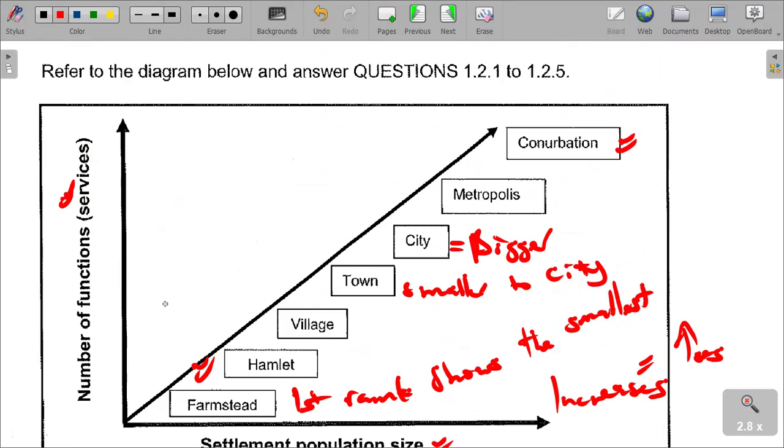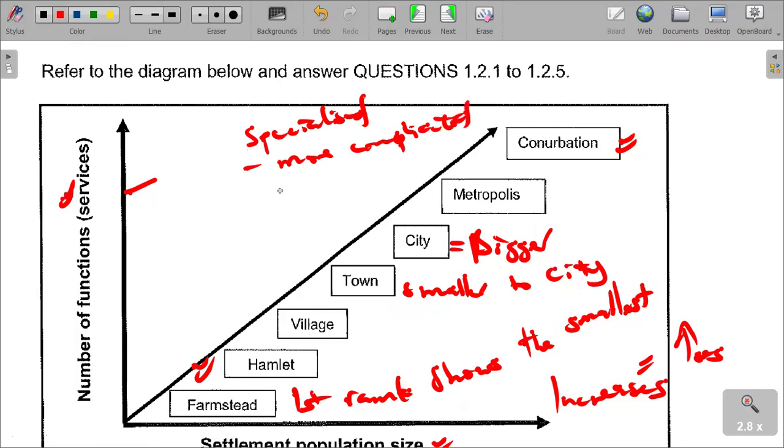As we go up through the hierarchy, the services become more specialized, more numerous, and more complicated. Down here we just have small ones.